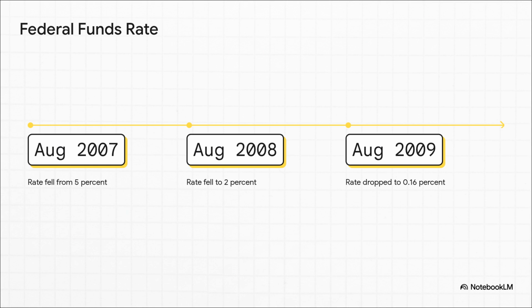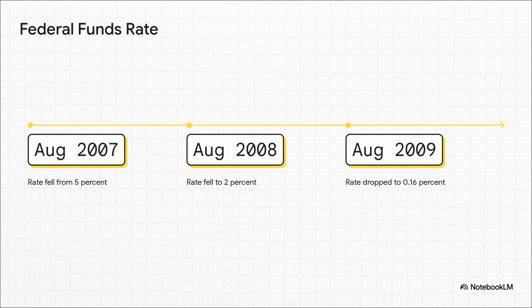And look, this isn't just textbook theory. It's modern history. Let's look back at the Great Recession. In August 2007, the federal funds rate was sitting at 5%. As the economy started to crash, the Fed aggressively slashed rates to fight the downturn, dropping them down to 2% by August 2008. But by August 2009, they had essentially hit rock bottom at 0.16%.